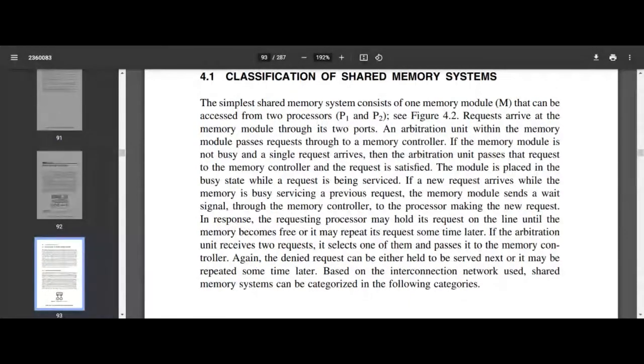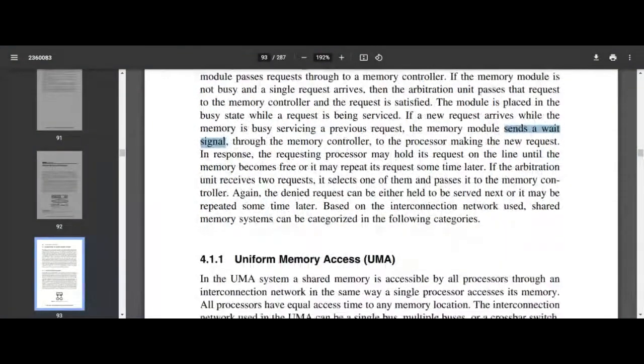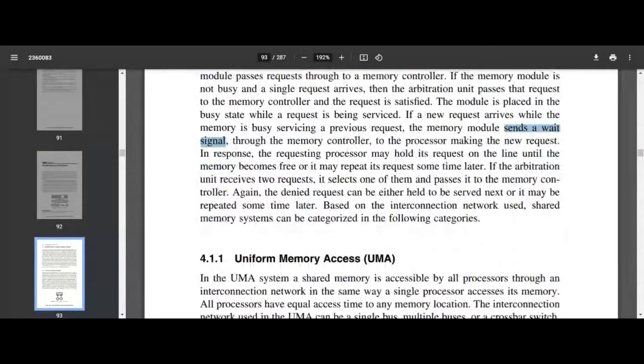If it is busy servicing a previous request, then the memory module sends a wait signal through the memory controller to the processor making the new request. In response, the requesting processor may request some time later. Sometime later means it actually wants a rescheduled process.